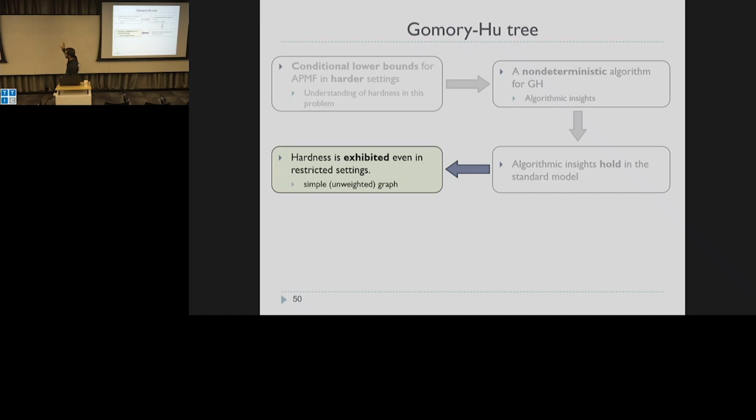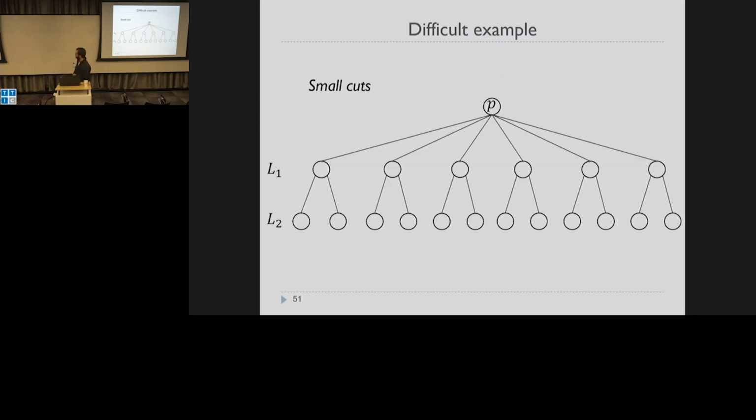And then, given this insight, we focused on a very restricted setting. We showed where the hardness lies. So even if the graph is simple, unweighted, we got that if this is its Gomory-Hu tree, then it is difficult to find. So this is where the difficulty lies.